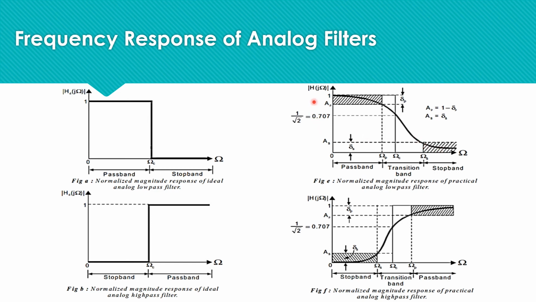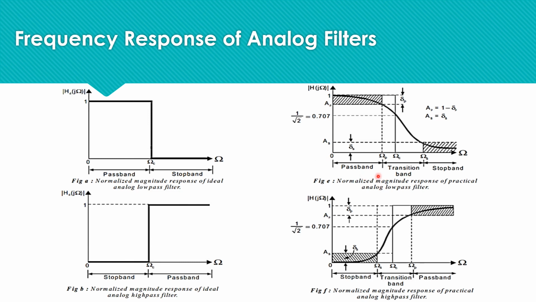Here the modulus of H of j omega is plotted with omega. The passband edge frequency is noted as omega p and the stop band edge frequency is taken as omega s. The gain corresponding to the passband edge frequency is noted as AP and the stop band edge frequency gain is taken as AS.